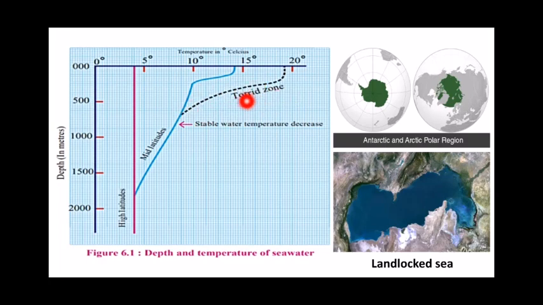Torrid zone is the equatorial zone. This blue line that is shown is the mid latitudes. And this pink line that is shown is the high latitudes. Now let's understand this graph by looking at it.